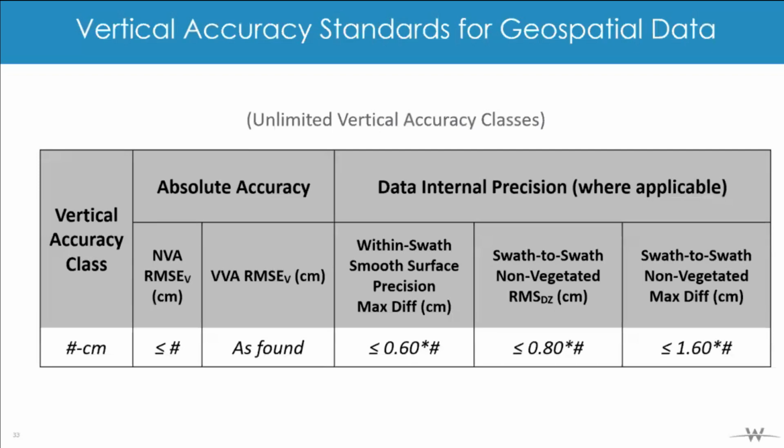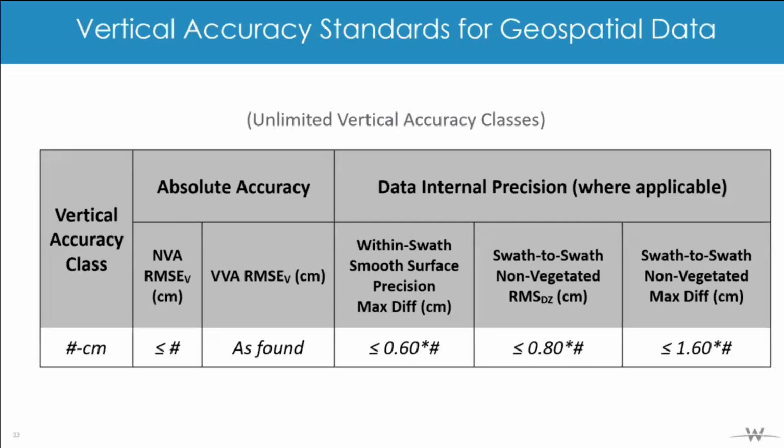The only difference in the vertical standard is that we have two categories of vertical accuracy: the non-vegetated vertical accuracy, that's the bare earth, the open ground, and the vegetated vertical accuracy, that's anything under vegetation, whether a tree, shrubs, or bushes, we don't differentiate.